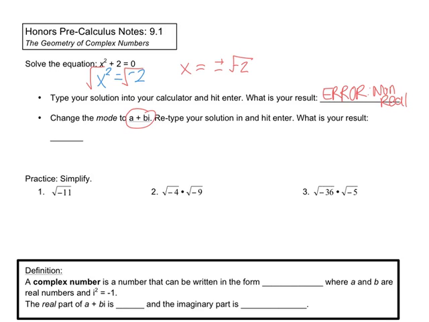So if you select that, that's the general form of a complex number, and hit enter, quit out, and then re-enter the square root of negative 2 and see what you get. And you should just get the answer of the square root of negative 2, or square root of 2 times i.